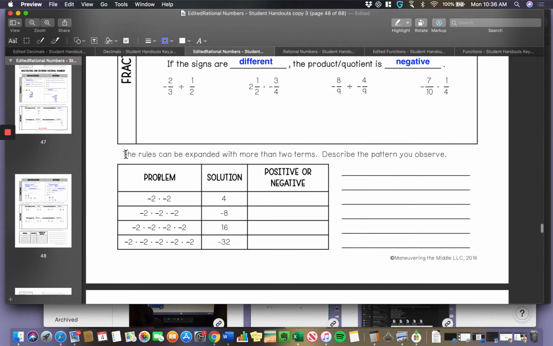All right, last part. The rules can be expanded with more than two terms. So, for example, we have -2 as a term and -2 as a term. This one has two terms. This one has three terms because it has three -2's. This one has four terms.